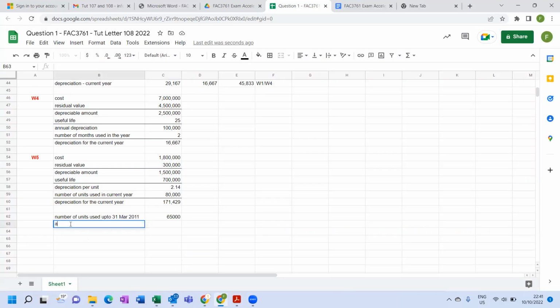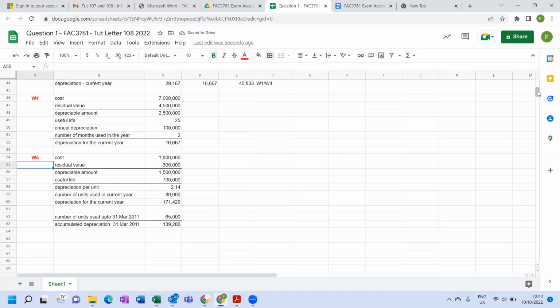So accumulated depreciation at 31 March 2011 would simply be depreciation per unit times number of units. That's basically what we're looking for. So this here is working 5.